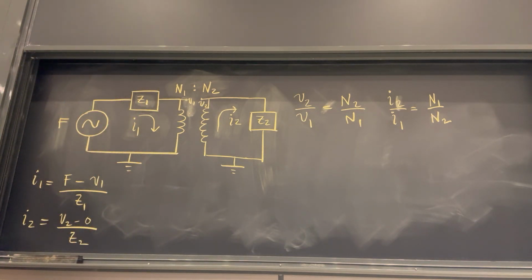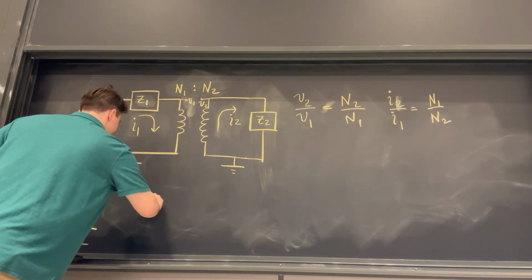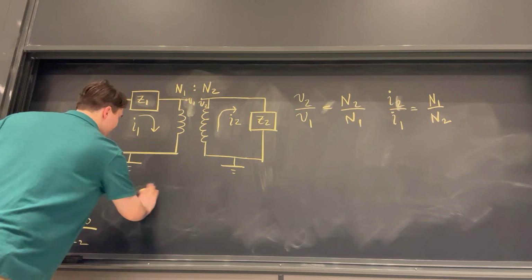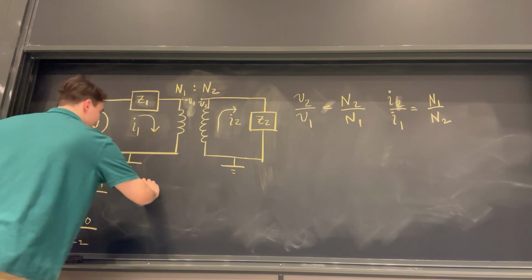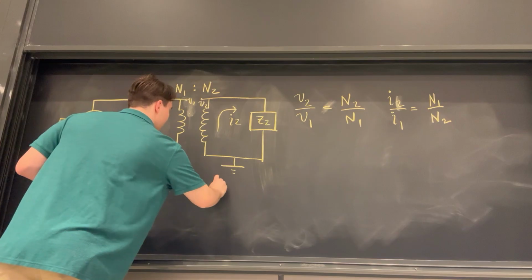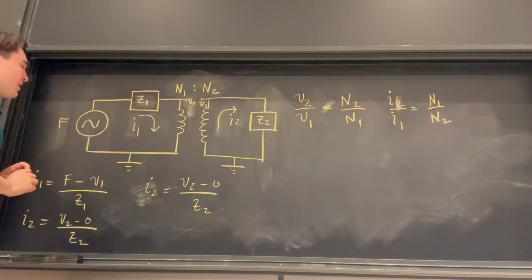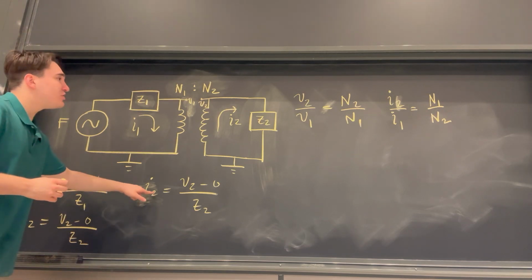Well, let's just rearrange this bottom equation, or actually not rearrange it at all. We just want to say that I2 is V2 minus 0 all over Z2, but let's substitute in what we know for I2.